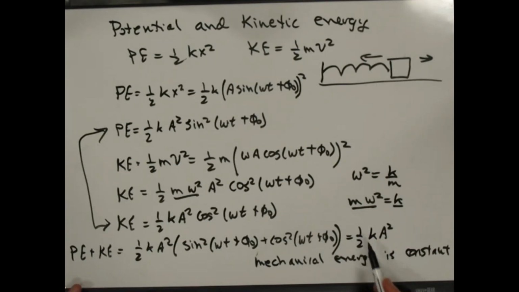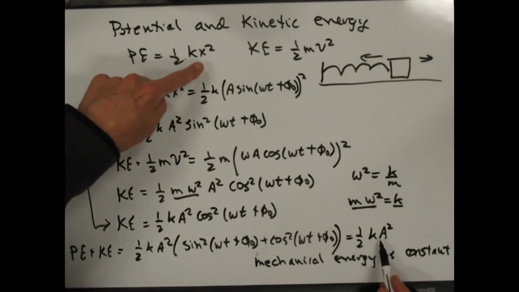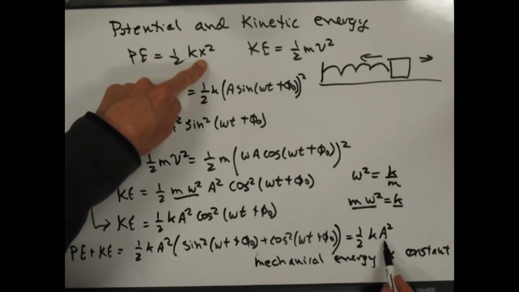And notice that 1/2 k A squared is just the maximum potential energy. The potential energy for a spring is 1/2 k x squared. Its maximum value is 1/2 times k times the maximum value that x can have, which is the amplitude, A squared.